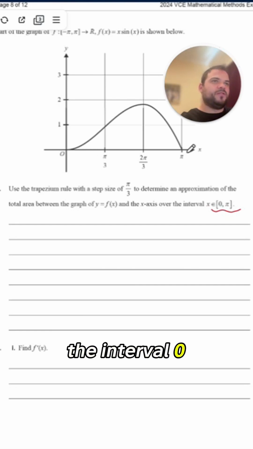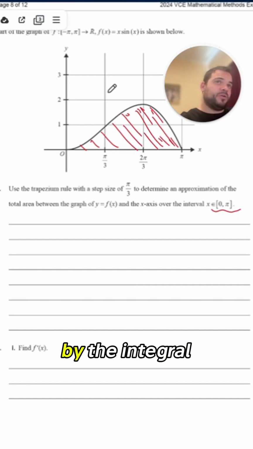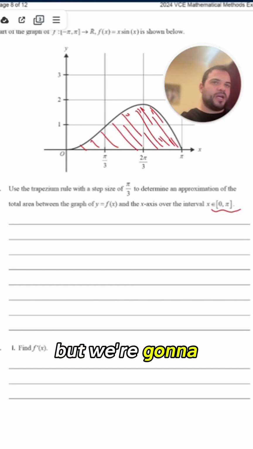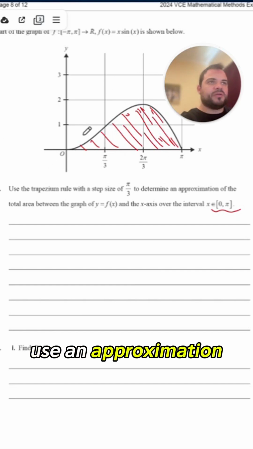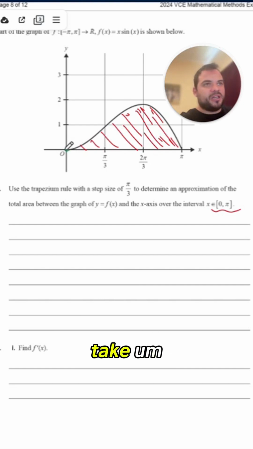We have the interval 0 to pi here, and this area is the bit that I'm shading in red. So that's the area that we would want to calculate. The exact area would be given by the integral of f over 0 to pi, but we're going to use an approximation involving trapeziums. We use step sizes of pi on 3.